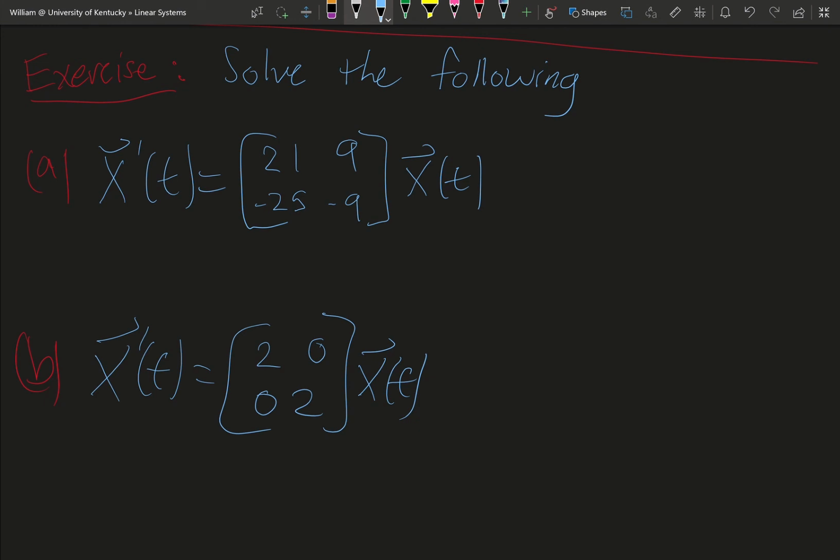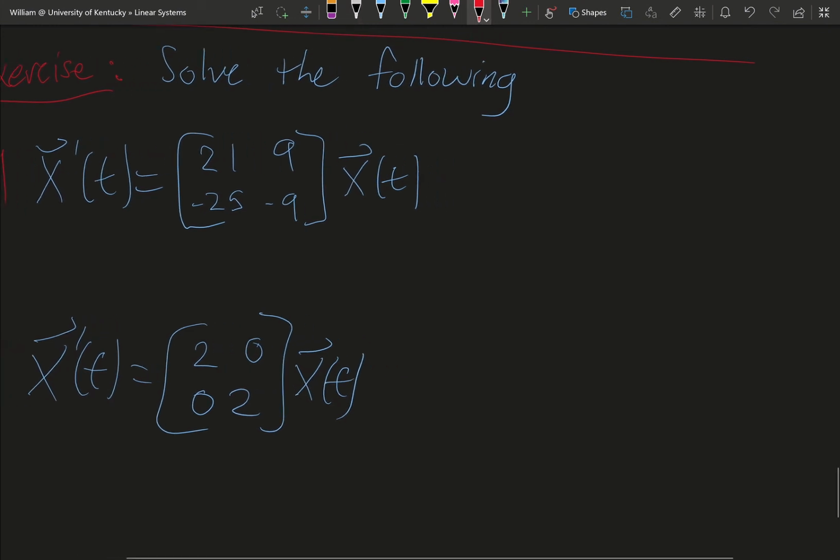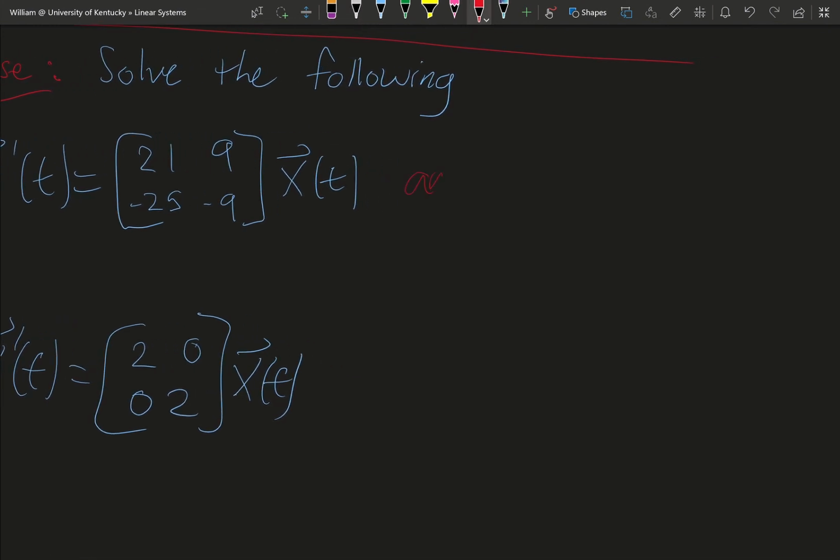All right, so give those a shot. And I'll go over the answers now, just to give you a brief outline of the points you should be hitting.